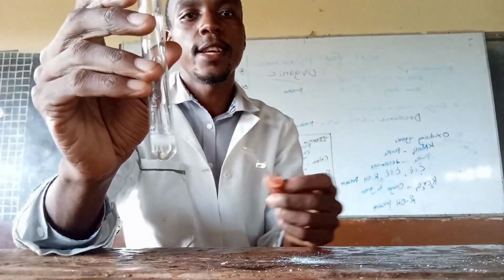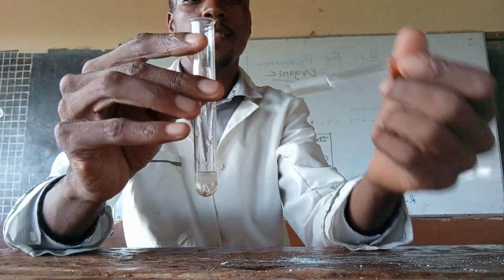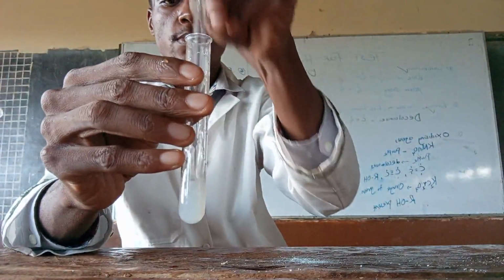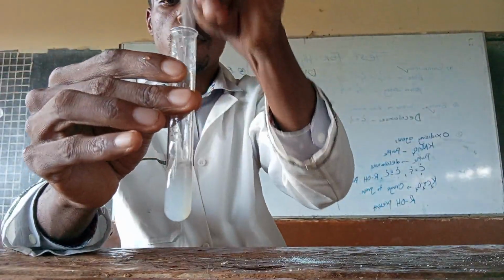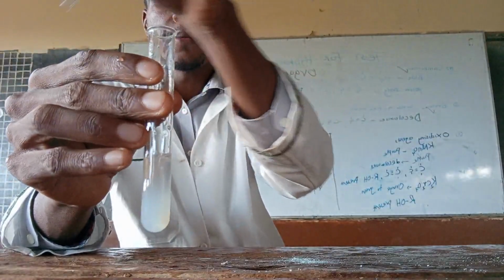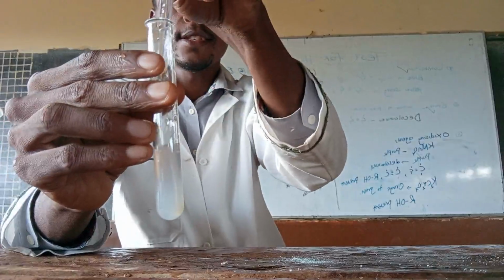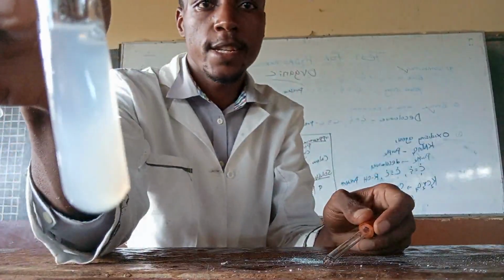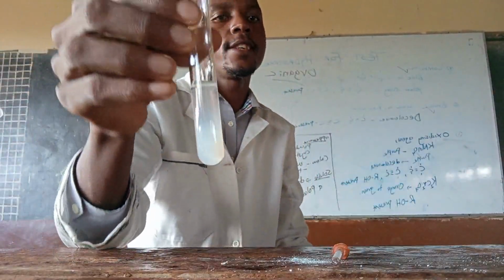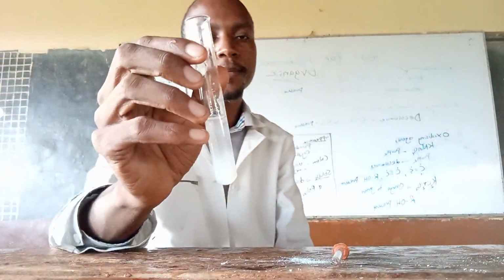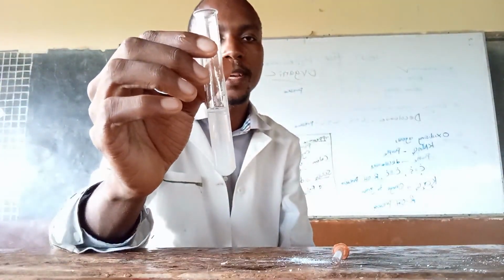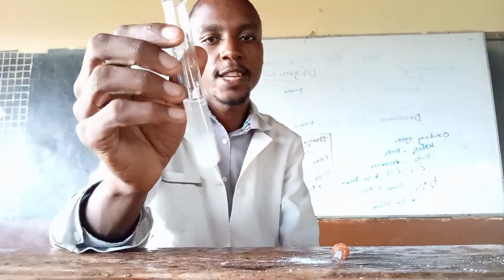Then we add in excess. No matter how much I add, this one is not turning. Look at this. No matter how much I add, the solution is still white. So what do I write in the observation column? White precipitate formed in few, insoluble in excess.